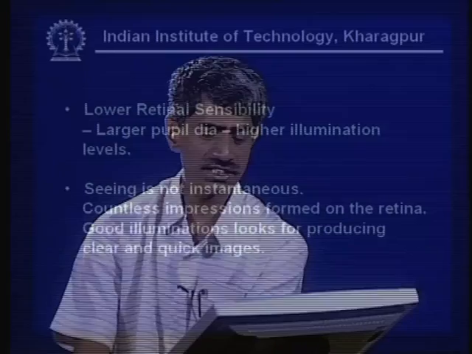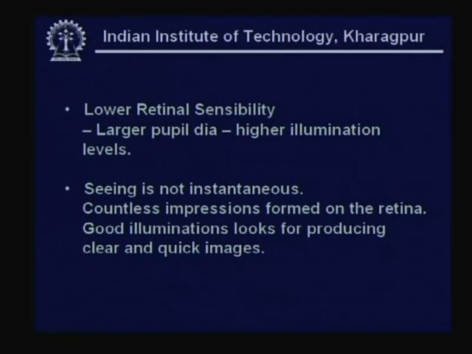There are countless impressions formed on the retina, and after countless impressions are formed, the eye is able to visualize the object. Therefore, good illumination looks for producing clear and quick images, keeping in mind the ability of the eye to focus and adapt.